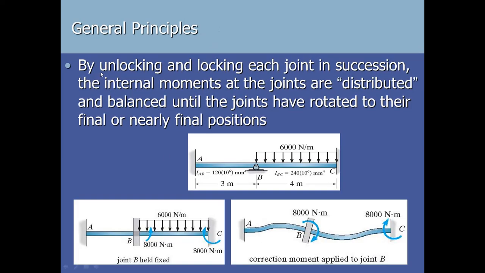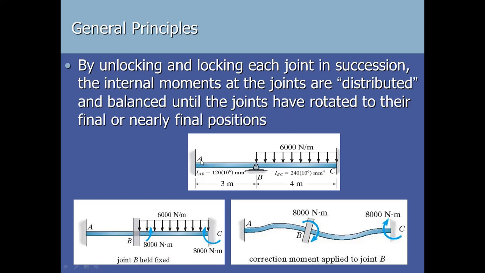Then we go to the next step, which is the main step of the moment distribution method, where we unlock those joints which are not fixed, and later on we will lock these joints in successive steps, and then the internal moments at these joints will be distributed, so that the unbalanced moment will be distributed into the members which are connected at that joint.